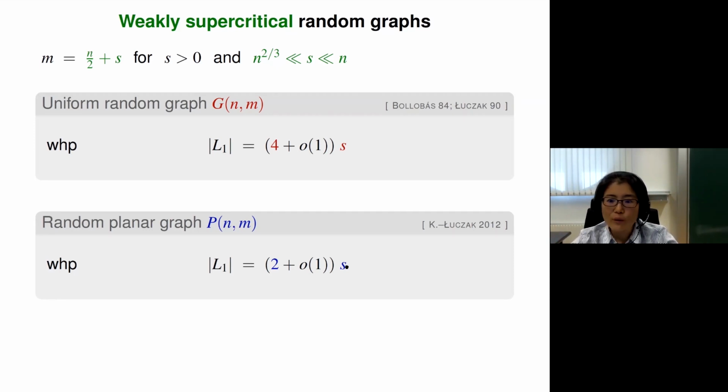Of course, if you think about it, the edges that could not be inserted into the giant component also affect the outside of the giant component, namely the fragment. I talked about the fragment. And the fragment in a planar graph is, as I said, critical, much, much larger. It's like n to the 2/3.